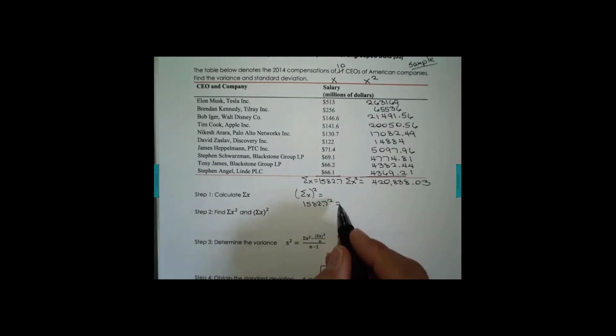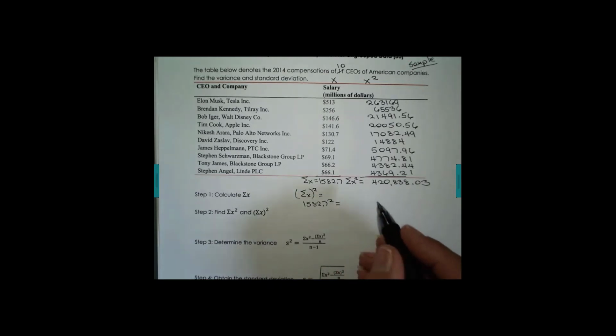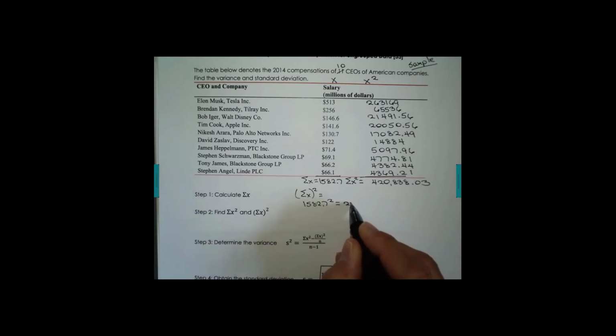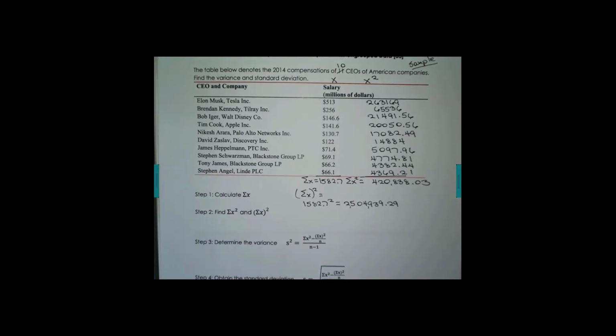It comes out to be 2504939.29. Okay, so these are getting to be really large numbers that we're dealing with. Just be careful, watch your decimals and everything.